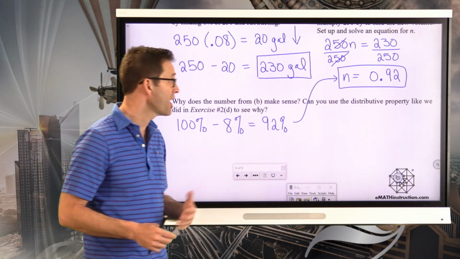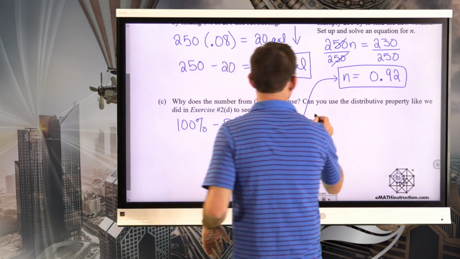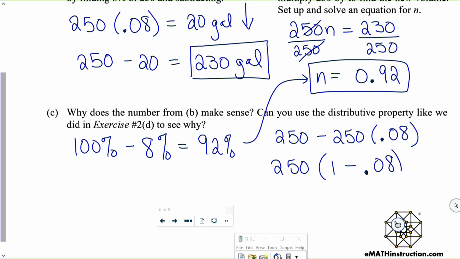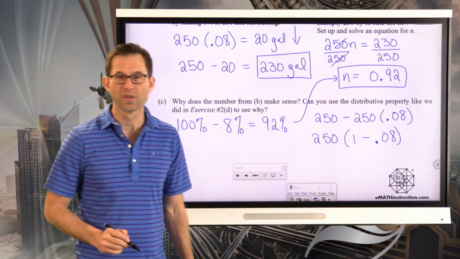And in fact, this is the way the algebra works out. We've got that 250, and we've subtracted 250 times 0.08. And just like before, I can now factor a 250 out, and I'm left with 250 times 1 minus 0.08.